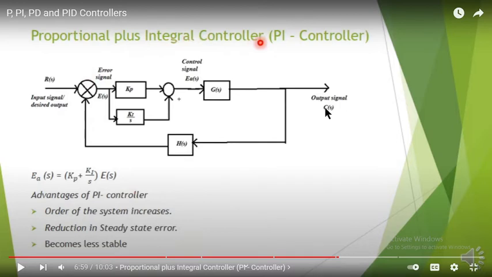We get the output signal, which is again sent to the setting point via the feedback loop. So here is the block diagram for this proportional plus integral control.